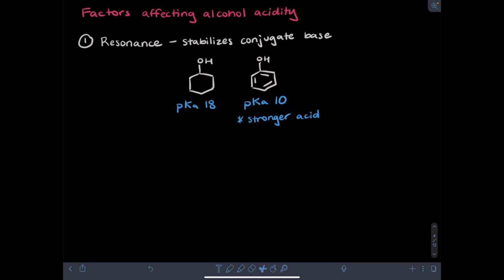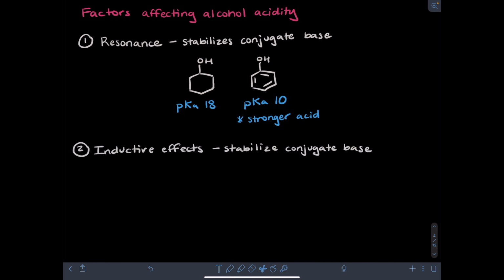Considering the conjugate base of each of these, the conjugate base of this molecule on the right places a new lone pair adjacent to a pi bond, so there is resonance in the conjugate base. This stabilizes the conjugate base, resulting in this molecule being a stronger acid. This is seen in its lower pKa value.